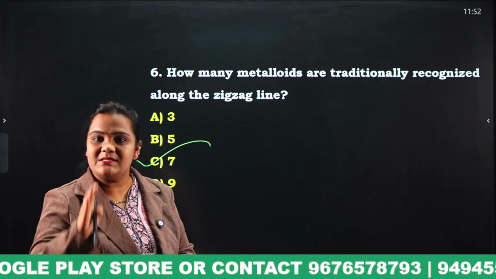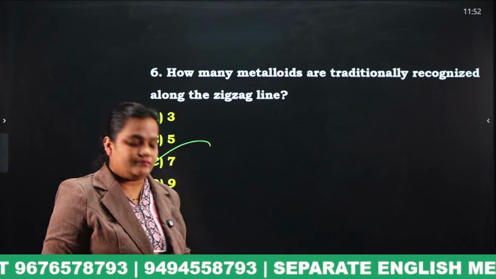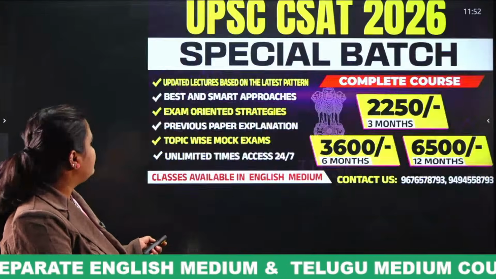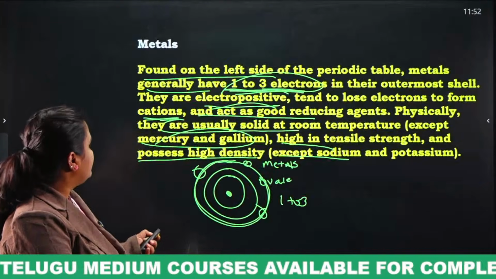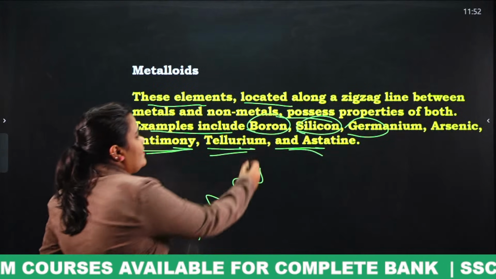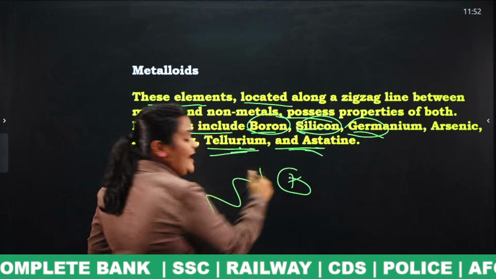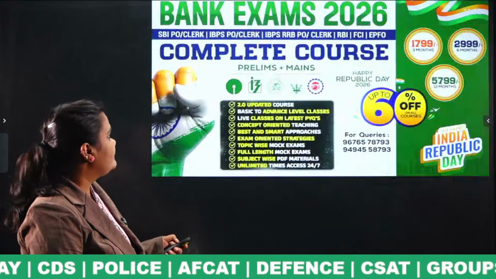How many periods? 7. So in this manner also we can say. Okay, let us check this. So these are metals, right? 1, 2, 3, 4, 5, 6, 7. Done? Okay, not 9, Joseph Jayasuriya. They are 7.